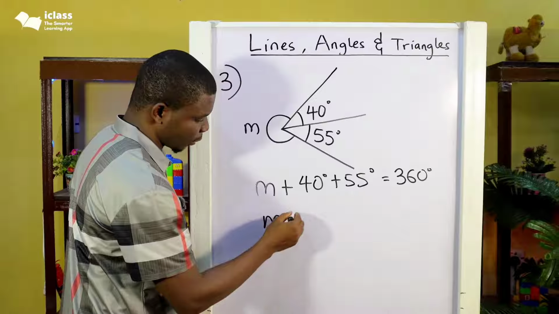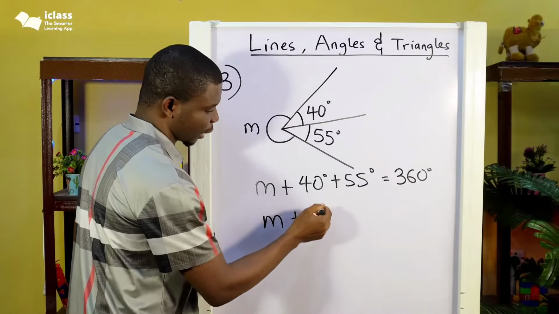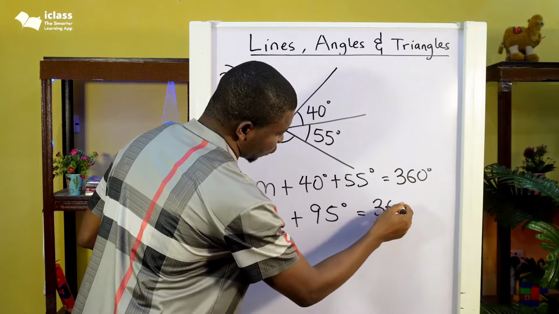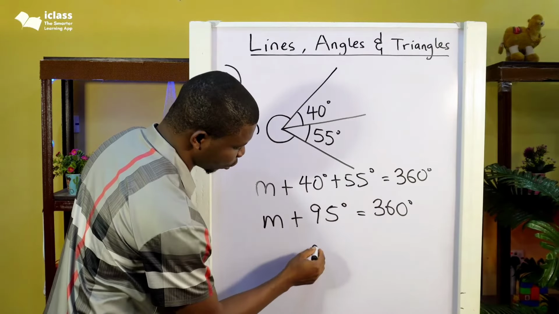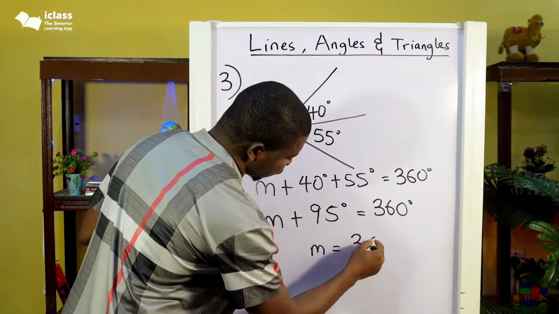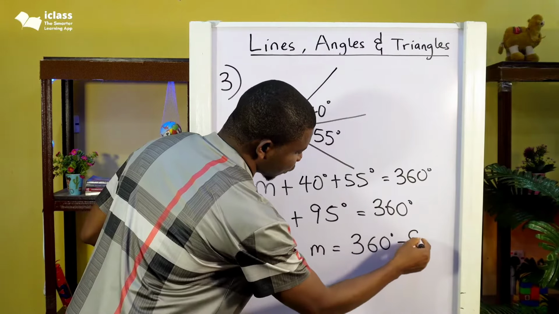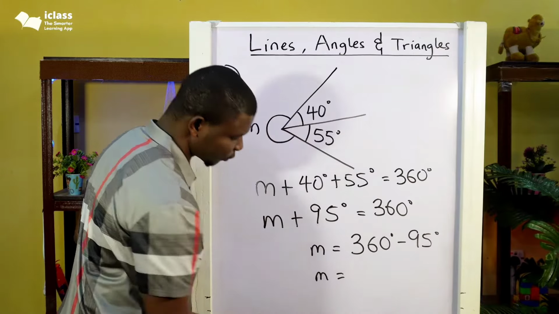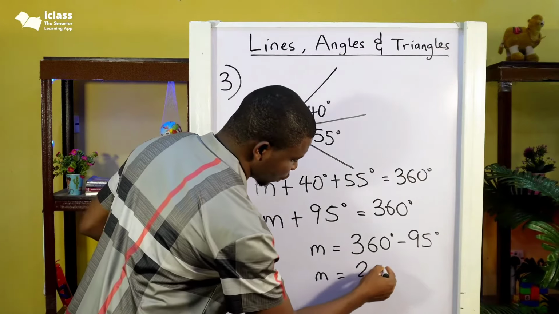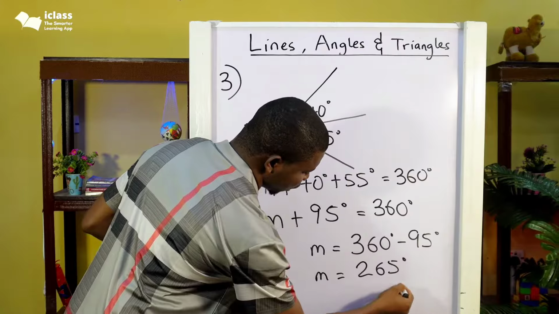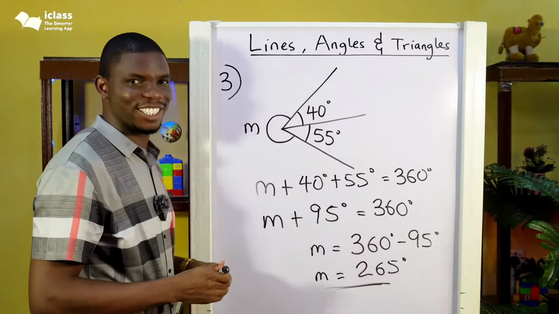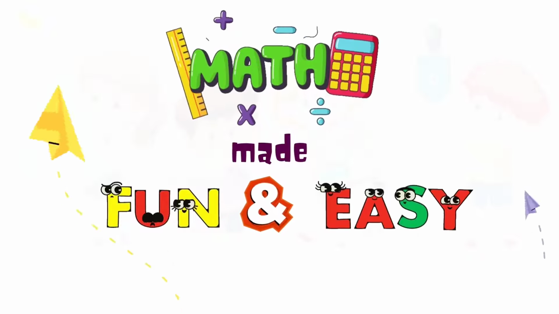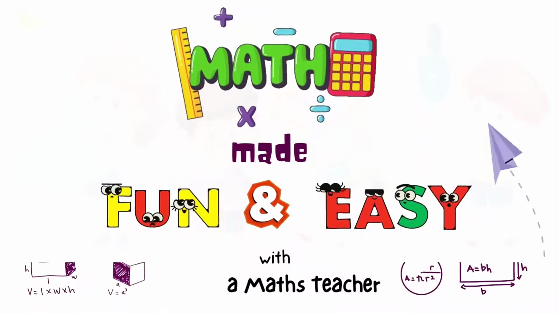So this will give us m plus 40 plus 55, that is 95 degrees, equals 360 degrees. So our m will be equal to 360 degrees minus 95 degrees. What will this give us? This will give us 265 degrees. Easy peasy. You're watching Maths Made Fun and Easy with Ikenna, Maths Teacher.